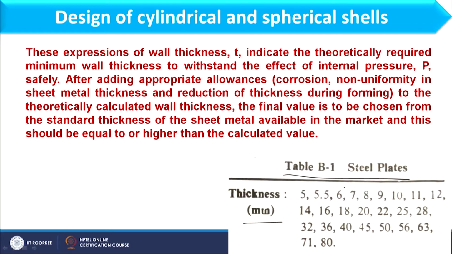So, let us say I have the value 6.2 for minimum thickness plus corrosion allowance. Then I will consider 7 as the standard thickness. This table B1 is available in the book by BC Bhattacharya and you can refer to appendix B in that book. So, in that way we will calculate.